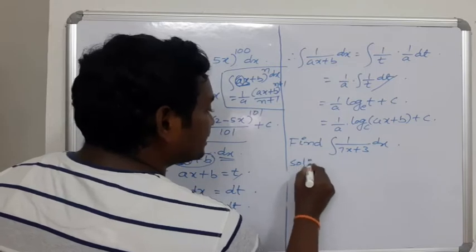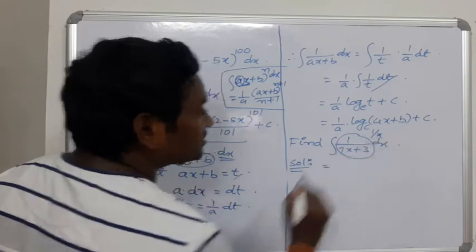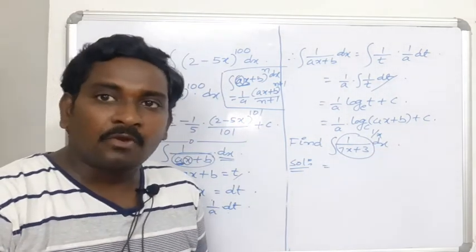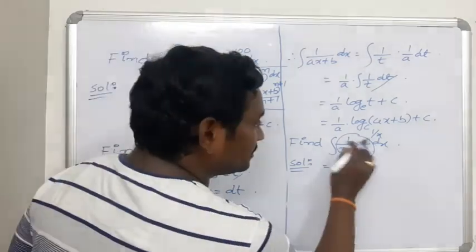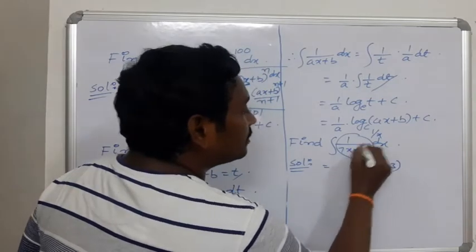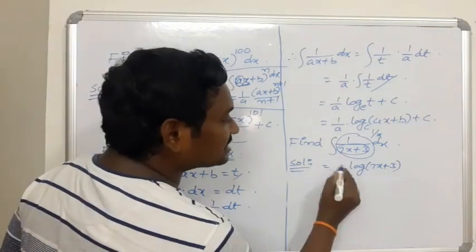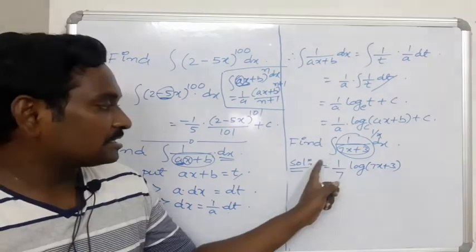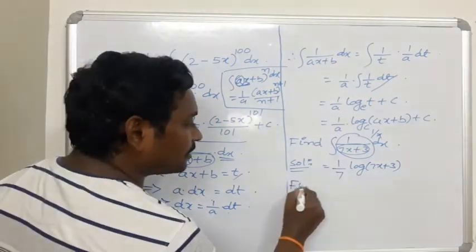We are observing that this entire term is in the form of 1 by x. What is the integration of 1 by x? Log x. That's why we can also write log 7x plus 3, because we have 7x plus 3 instead of x. But what is the coefficient of x? 7. You just write 1 by 7 in the denominator. It's enough.